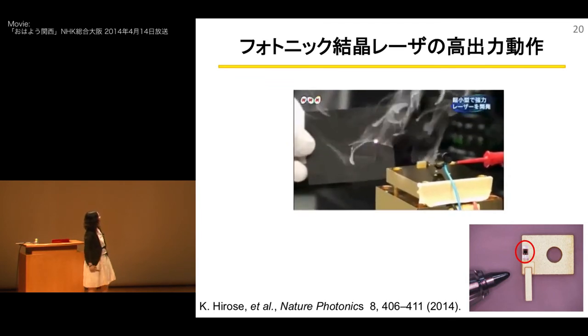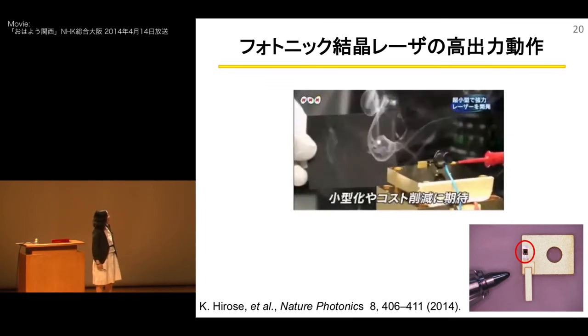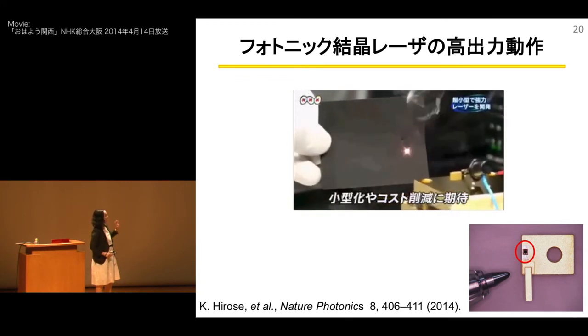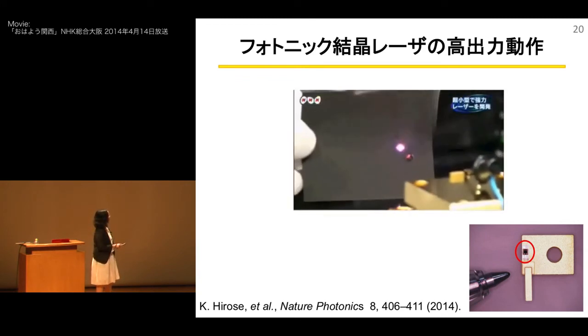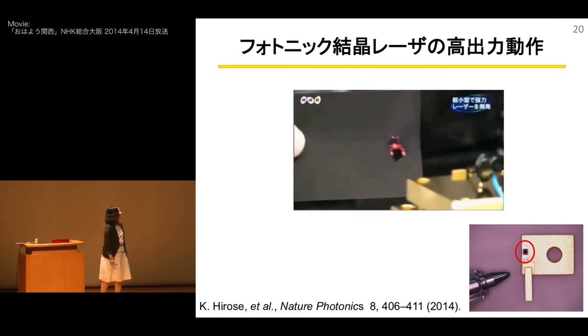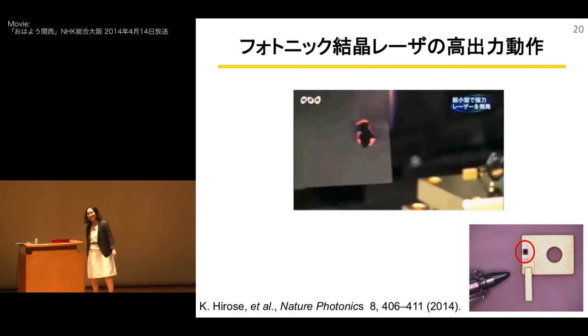And when we place the photonic crystal laser, and then we switch it on, this black paper burns. So this is the power of the 1.5 watt. It can even burn a paper. Our hope is to develop this technology so that it can be used for metal processing in car manufacturing.